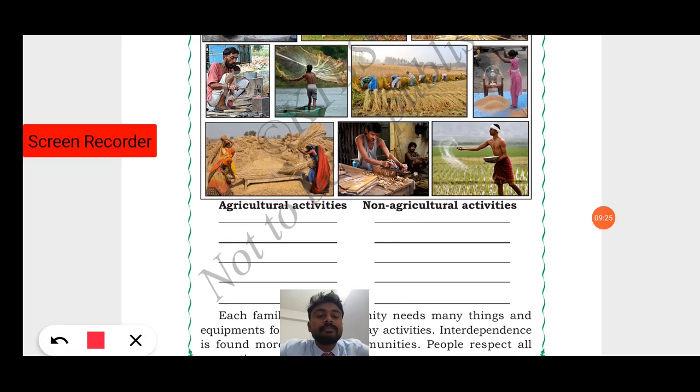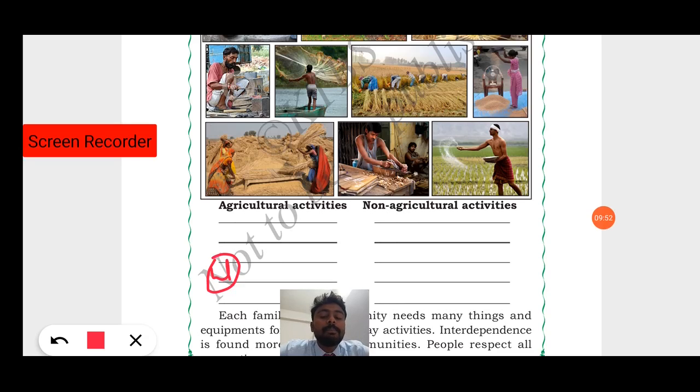Okay, third one, farming operations, F-A-R-M-I-N-G operations. Fourth one, you write ploughing the land to grow crops.